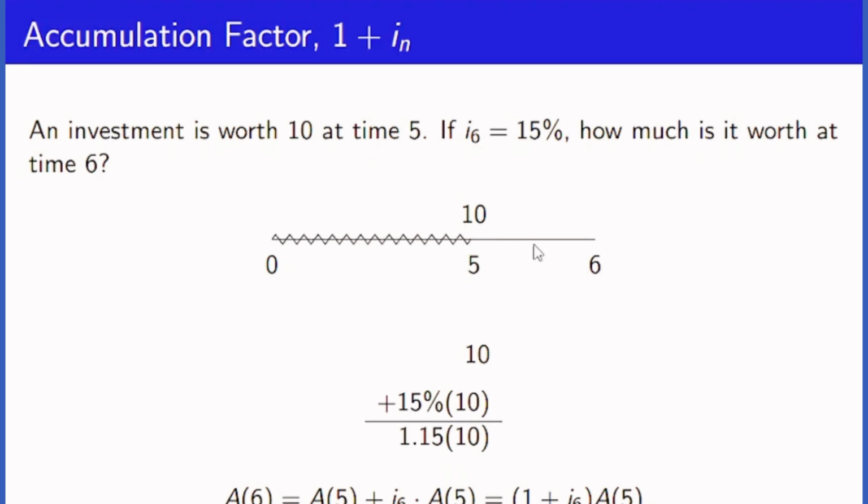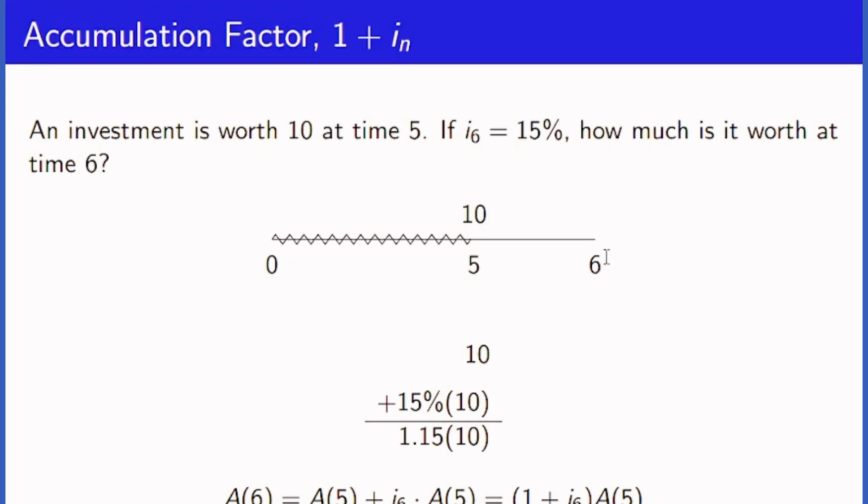Now for me to know how much it is worth at time 6, there's what we call the interest rate. We've talked about the interest rate in our previous video. The interest rate is definitely going to help me find the amount of interest. If you invested an amount and at a certain point in time it accumulated, the additional amount to the amount you invested is what is called the amount of interest.